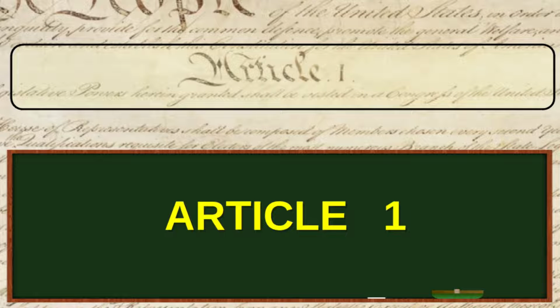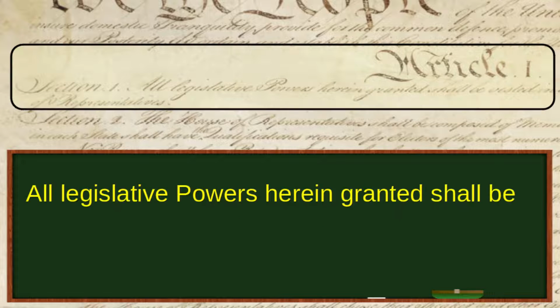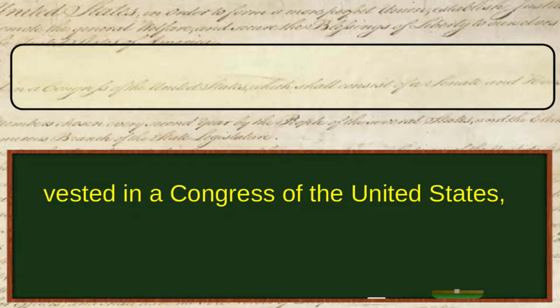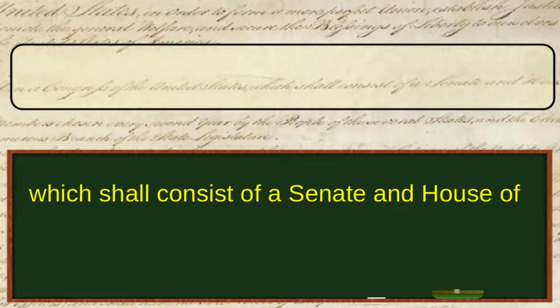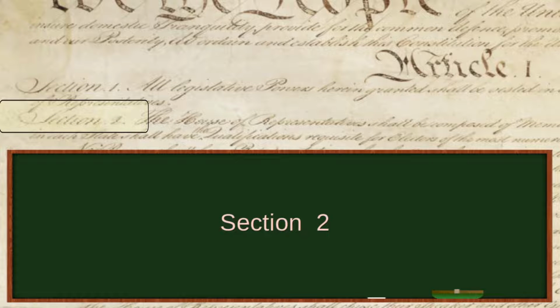Article 1. Section 1. All legislative powers herein granted shall be vested in a Congress of the United States, which shall consist of a Senate and House of Representatives. Section 2.